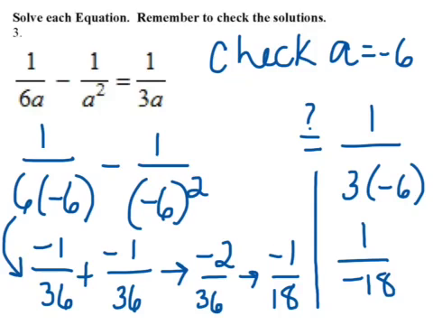When checking your solution, you're plugging in your values to make sure that the left side simplifies to the same value as the right side. Again, I plugged a -6 in for a on the right side of the equation, and I obtained also a 1 over -18. Since -1 over 18 is certainly equivalent to 1 over -18, I can now verify that a is equal to -6 as our solution.